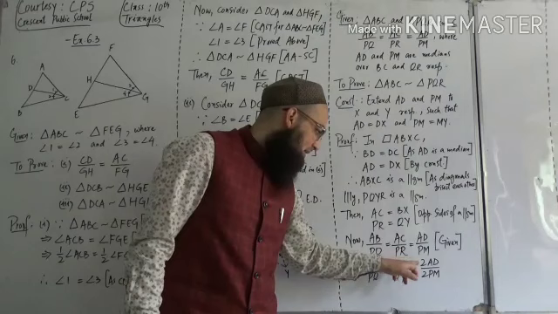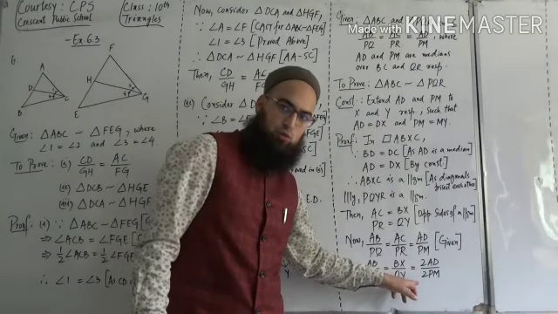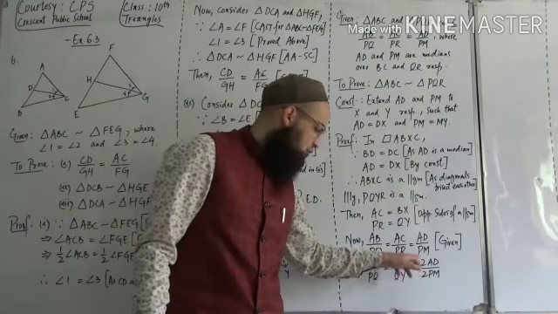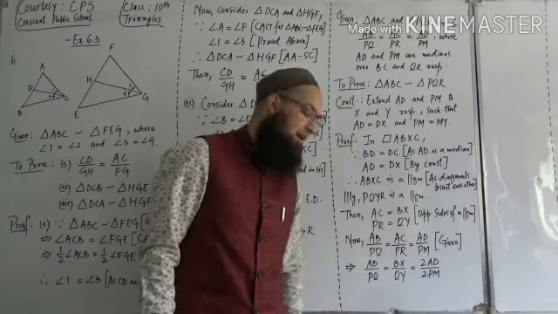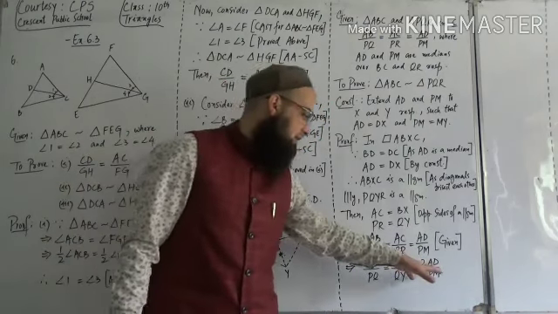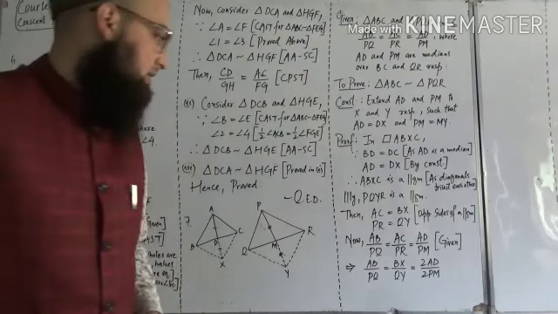Now here I multiplied and divided by 2. That will make no difference whatsoever. So 2 gets cancelled again, and we get the same AD by PM. But we get one benefit by this.